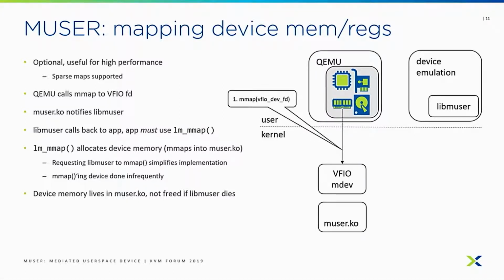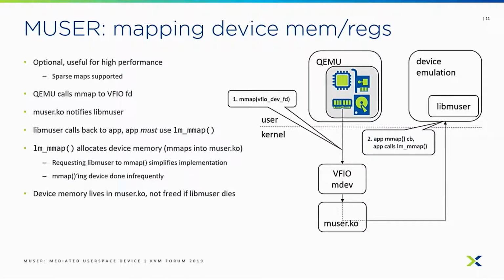To do this, it calls mmap on the vfio device file descriptor, which is the character device itself. Then this mmap is sent further down to muser.ko. Then muser.ko sends this mmap to libmuser. Then libmuser calls back into the device emulation, where the device emulation can implement its own logic. And at the end, it should again call back into libmuser by invoking the lmmap API, which is exposed by libmuser.